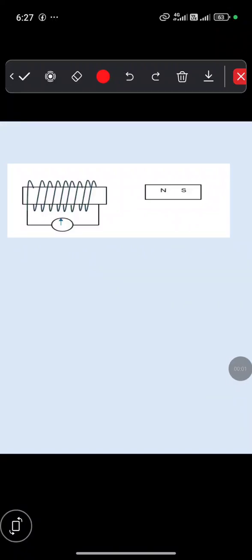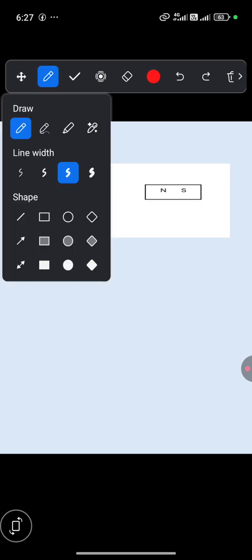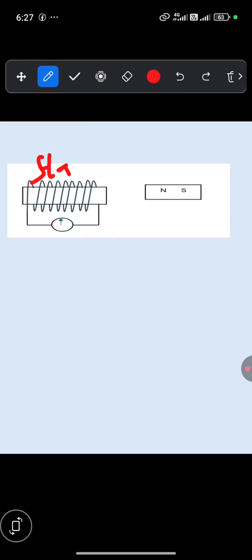So let's talk about deflection of galvanometer. If this is stationary, this was an experiment done by Faraday.